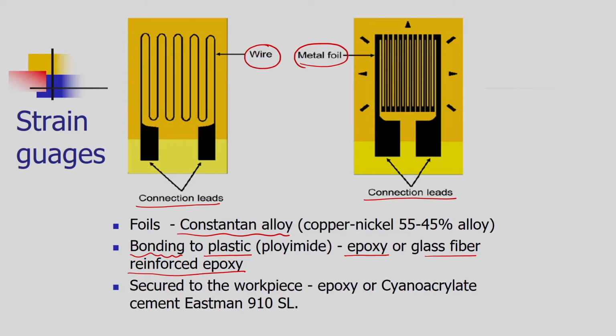And this entire strip which is having the metal foil or the metal wire and the plastic material is secured to the workpiece by using again an epoxy or a special material, that is cyanoacrylate cement Eastman number 910 SL. So, these are the materials which are helping us to paste the postage stamp size strain gauge elements on the machine tools or on the product of which we want to measure the strain or the displacement.